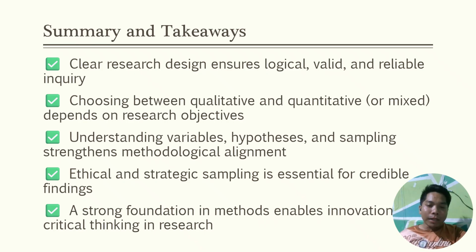Ethical and strategic sampling is essential for credible findings. You don't want to cheat on your process of data gathering, because that is already unethical. If you want credible findings, you need to be as ethical as possible. A strong foundation in methods enables innovation and critical thinking in research.